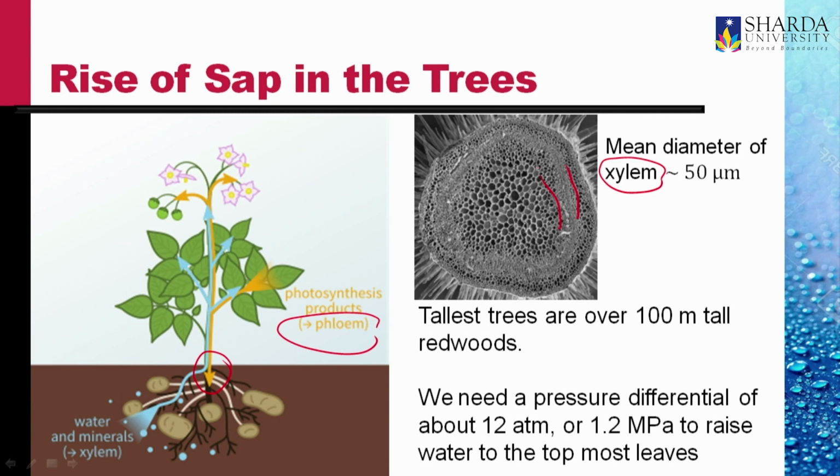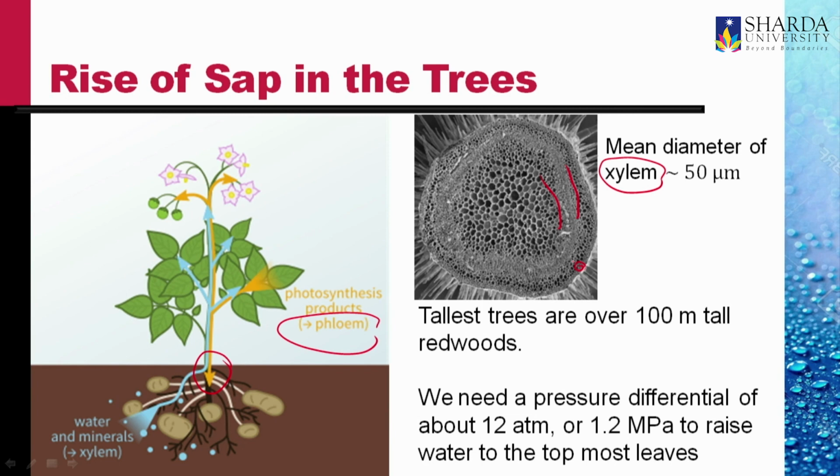Of course, the phloem are just inside the bark of the tree, and they produce a flow downwards. In fact, it is argued that this downward flow of the products of photosynthesis also helps in raising the water up, because it creates a kind of vacuum up there when the water flows down.